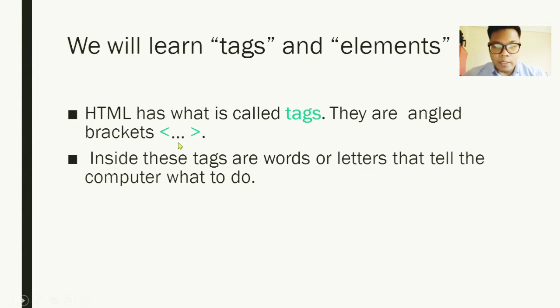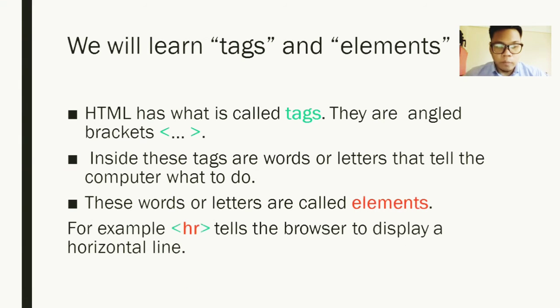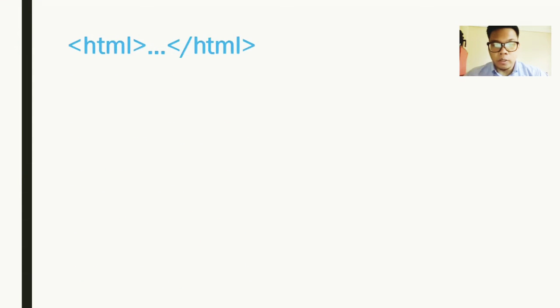Inside these tags are words and letters that tell the computer what to do. Those words and letters are what we call elements. For example, this HR tag right here tells the browser to display a horizontal line. And later, I will be explaining to you how to use it in the HTML code.